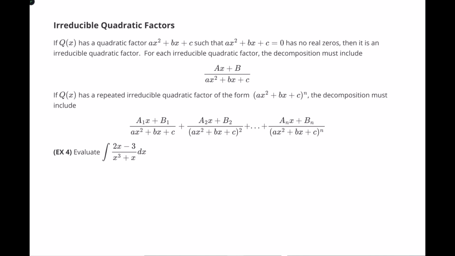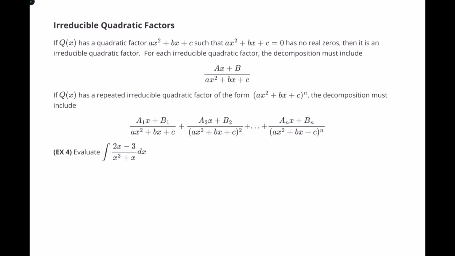Another situation you could run into when doing this method of decomposing rational functions is you might run into a factor in the denominator that is an irreducible quadratic factor. And being irreducible is just in terms of, say, integers or rational values rather than complex values.